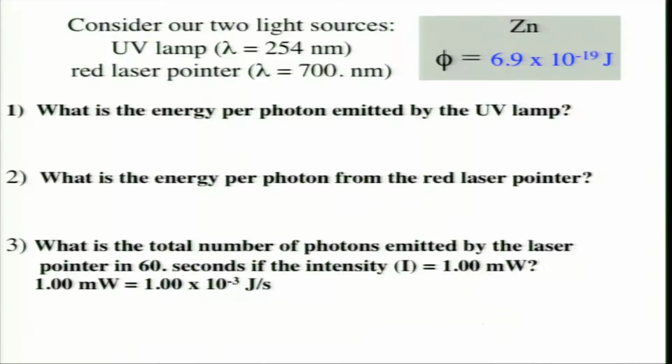OK, so before we do the experiment, let's do some calculations to see what we expect. So first, we want to calculate what the energy of the photon will be that's emitted by the UV lamp. And I will write this down. So what do we know? We know a bunch of things already.